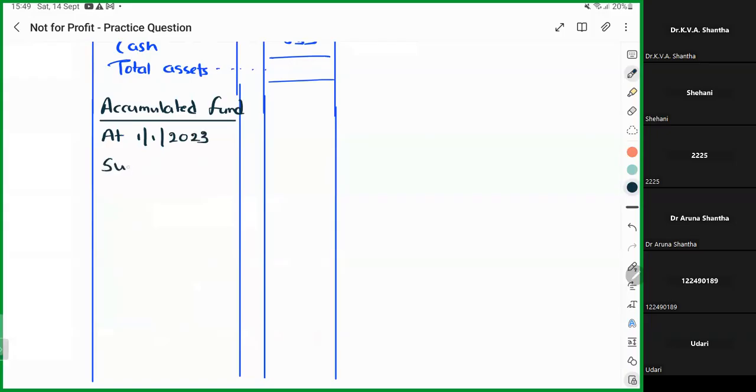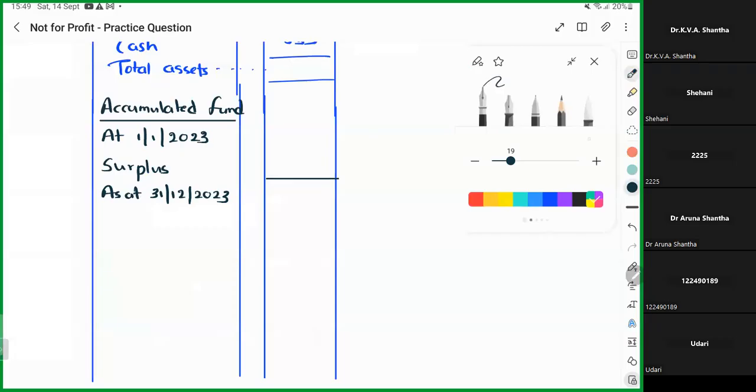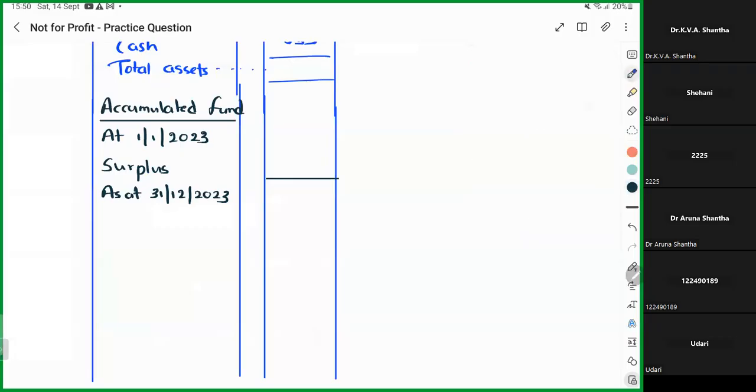Then surplus is added here, and you get the accumulated fund at the end, as at 31st December 23. The accumulated fund at the beginning you calculate from assets and liabilities at the beginning.